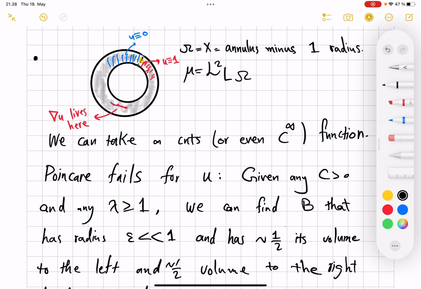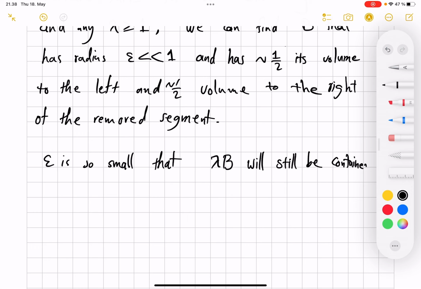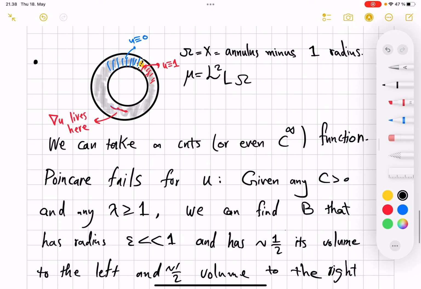Okay. And now we see that epsilon is so small that this prefix lambda is not enough, so that lambda B will still be contained in this set where the gradient is actually 0, in the constant parts of the space.